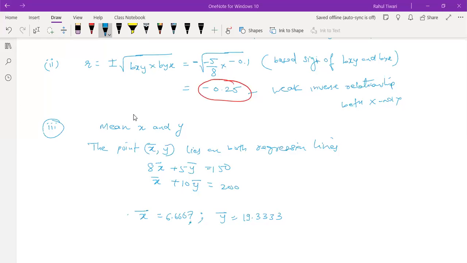Once you search for the equation, what options are you getting? The first option, ax plus by equals c. Second, ax plus by plus cz equals d. Exactly, the first option.